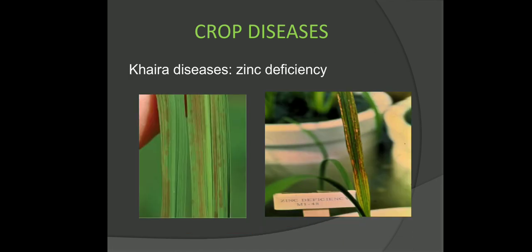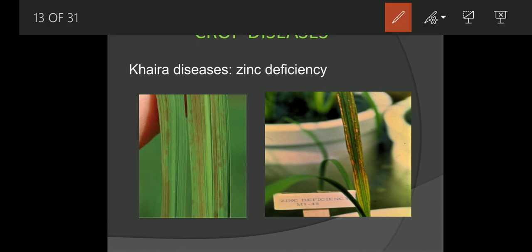Next, we have Khaira disease in rice. Khaira disease in rice is again a prominent one, which is caused due to zinc deficiency. The deficiency of zinc is responsible for Khaira disease in rice. See these brown spots.